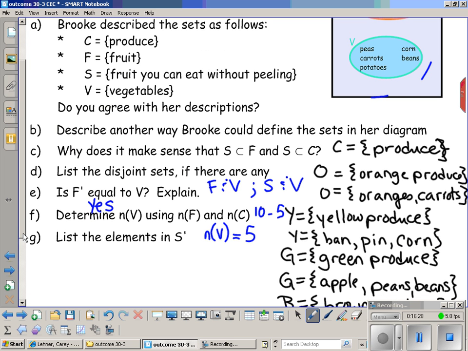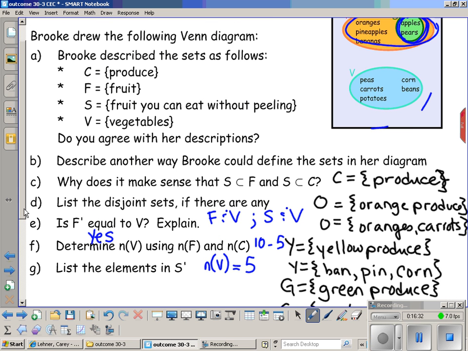List the elements in F prime. So what's the complement of F? Remember, F is just apples and pears. So the complement is everything that is not apples or pears.